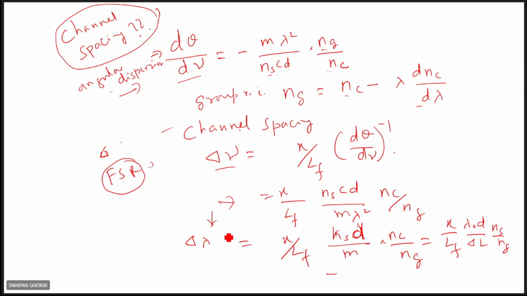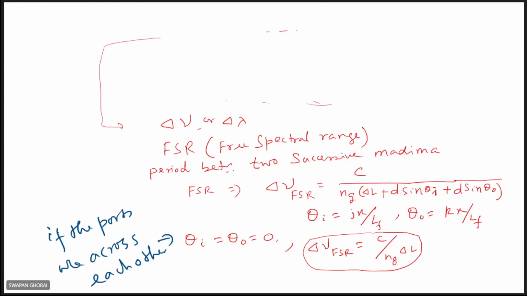Or in terms of lambda, it will be x by Lf, Ns d by m into Nc by Ng, which is simplified in this form. So that is the channel spacing in terms of delta nu or delta lambda, in terms of frequency or wavelength of light.